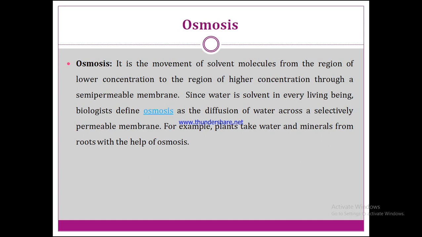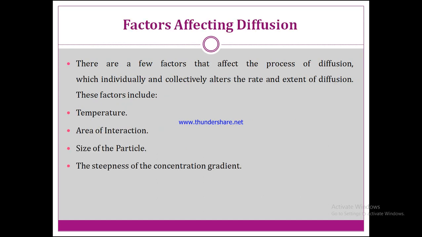For example, plants take water and minerals from the roots with the help of osmosis. Now the factors affecting the diffusion process are temperature, area of interaction, size of the particle, and the steepness of the concentration gradient.